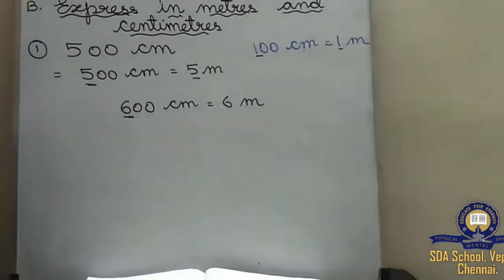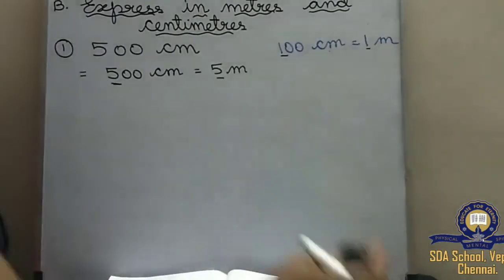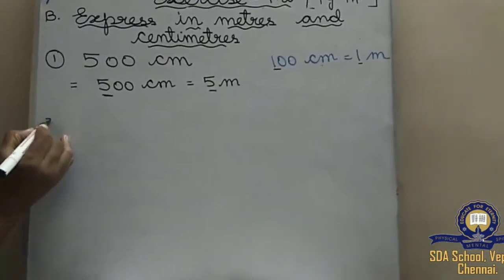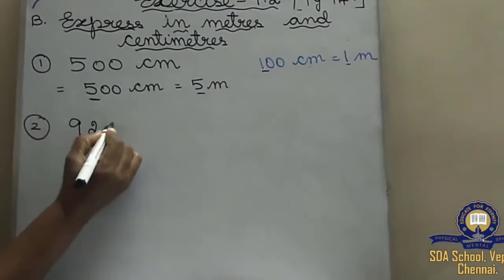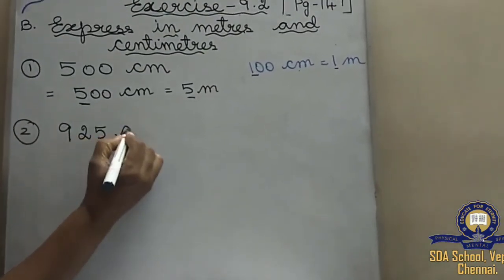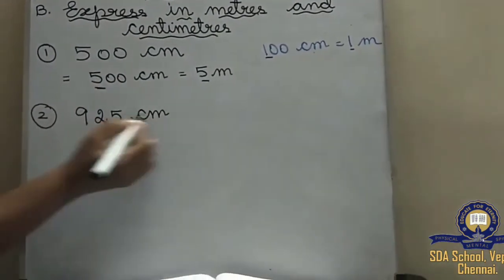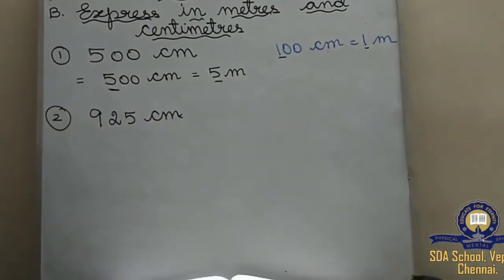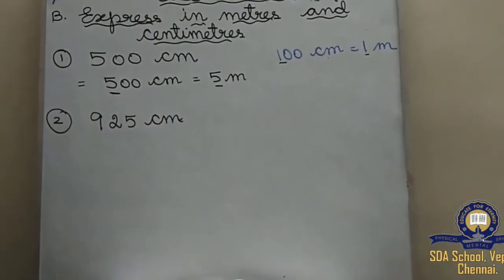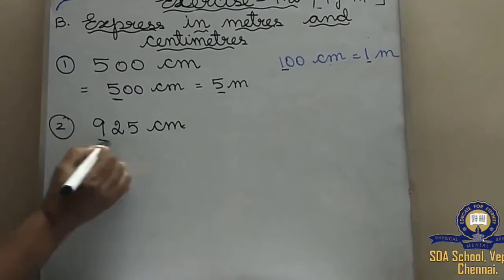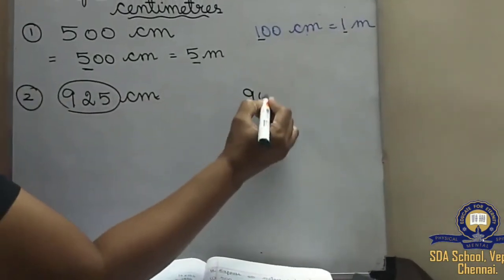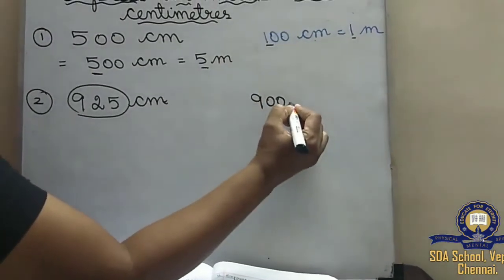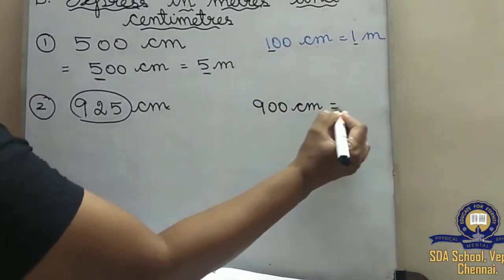So this is the first sum, and the second sum. This is 3 digit they have given: 925 centimeter. Here how do we have to find out, children? 925 is there. So 900 centimeter is equal to 9 meter.